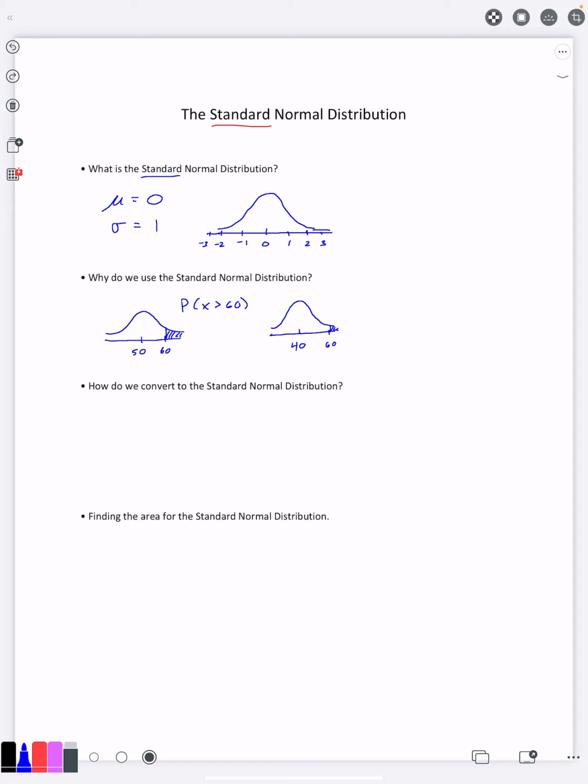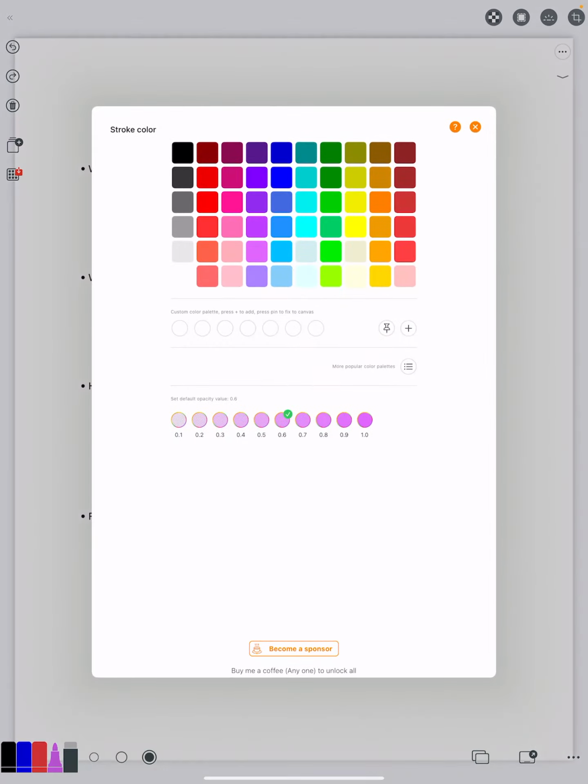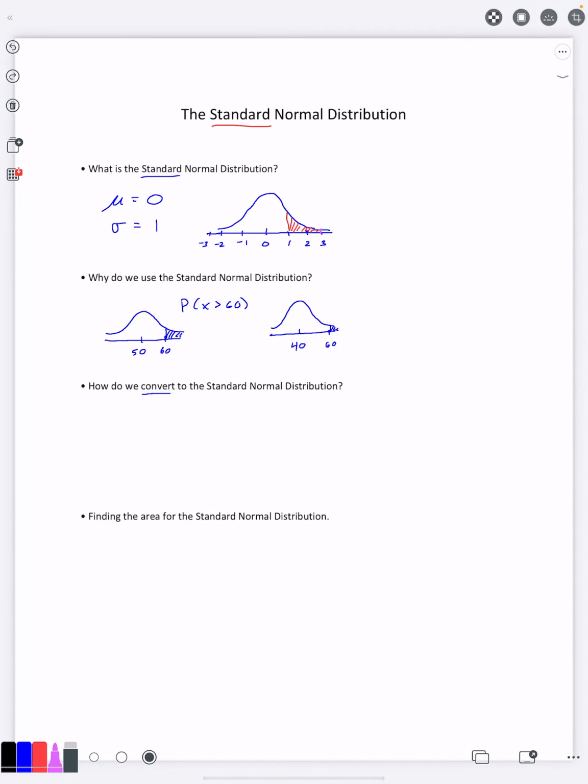So what they realized is they can take any distribution, we're going to convert it to the standard normal distribution, and at that point, all you need is one table for the standard normal distribution. On one problem it might say, let's find the area to the right of 1, and in the other problem, maybe we're trying to find the area to the right of 3.